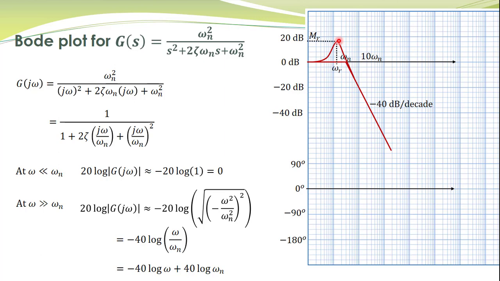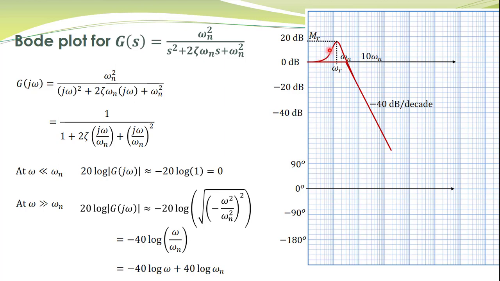We can determine the frequency corresponding to this peak, and the amplitude of this peak can be easily determined. So what do you think, how can we determine this peak in this frequency response? How to determine the peak? You are right. At this frequency, the derivative of this curve is equal to 0. And what is the equation for this curve?